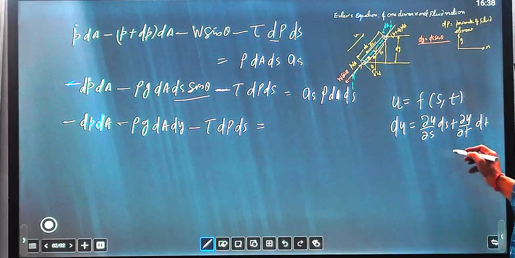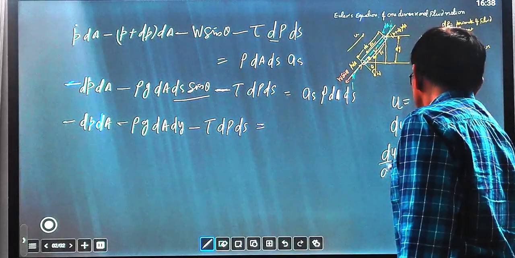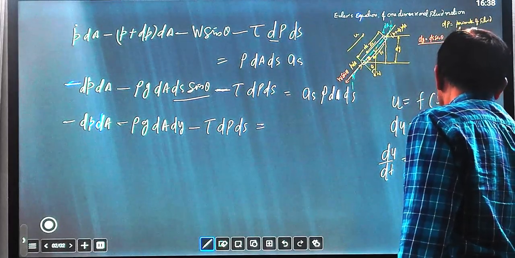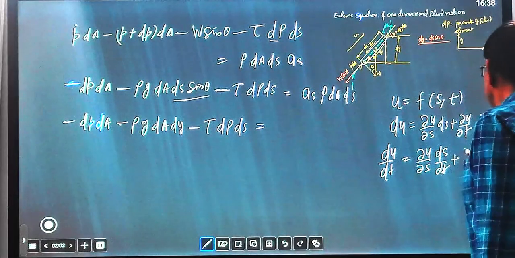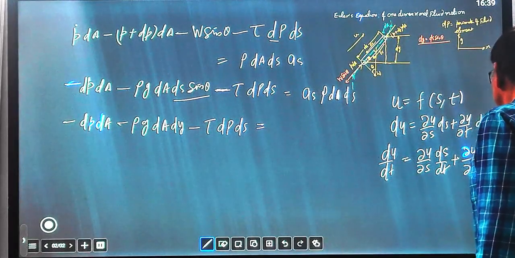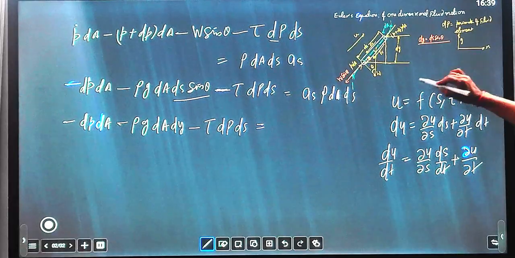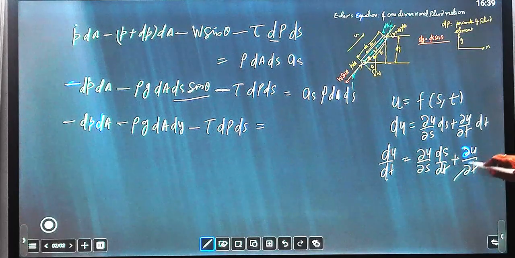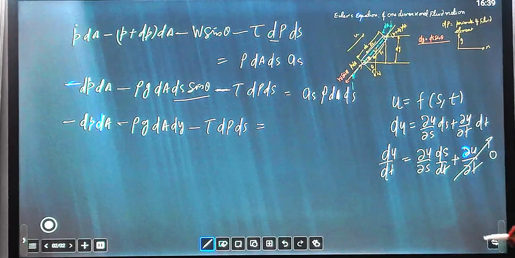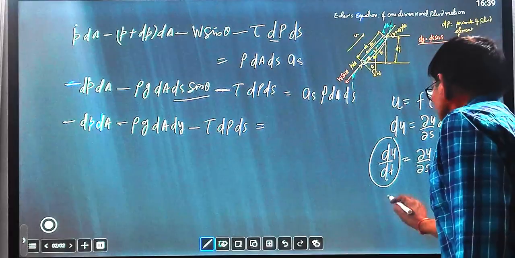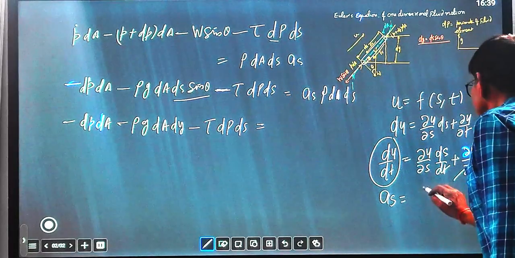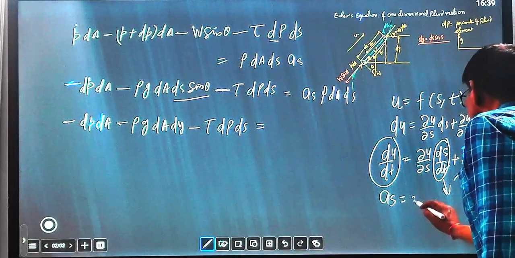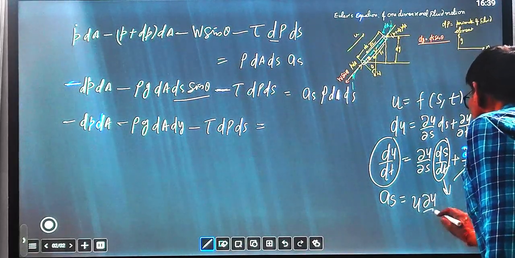Dividing the whole equation by dt, du over dt equals del u over del s ds by dt plus del u over del t. We are considering that the motion of the fluid element is steady. When the motion is steady, this term becomes 0, and this term equals the acceleration, as equals del u over del s times ds over dt, and ds over dt equals u, that is equal to u del u over del s.